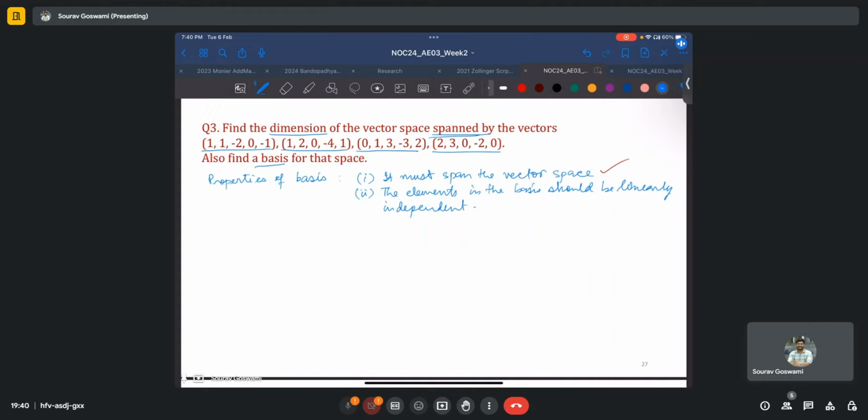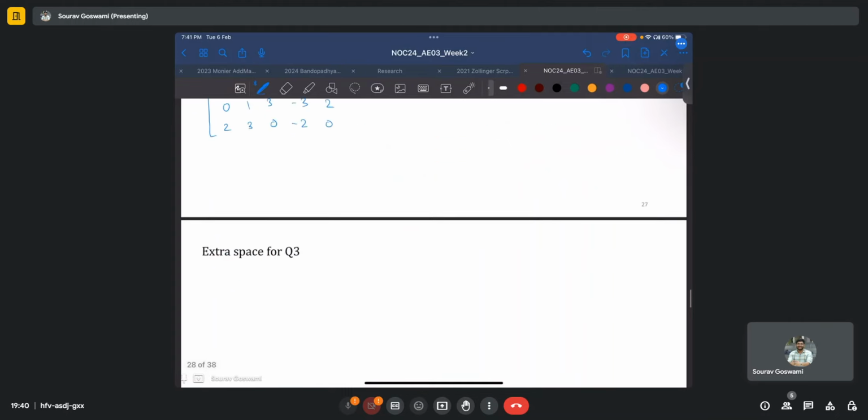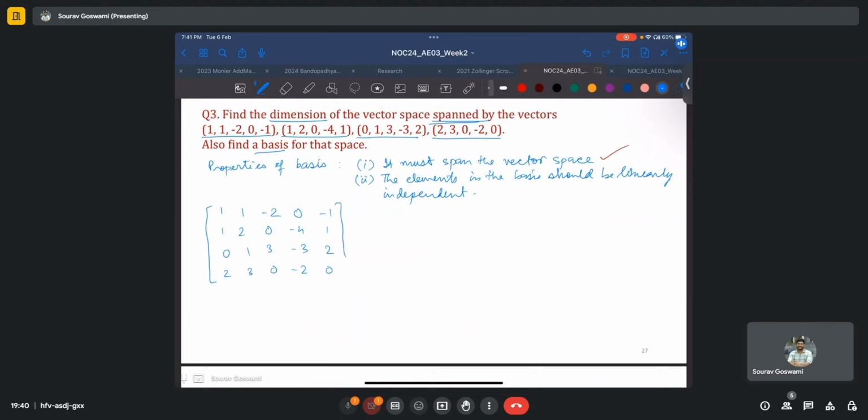We'll arrange these vectors in a matrix. So 1, 1, minus 2, 0, and minus 1. 1, 2, 0, minus 4, and 1. 0, 1, 3, minus 3, and 2. 2, 3, 0, minus 2, and 0. And now we aim to perform eliminations and to obtain the row reduced form of this matrix.